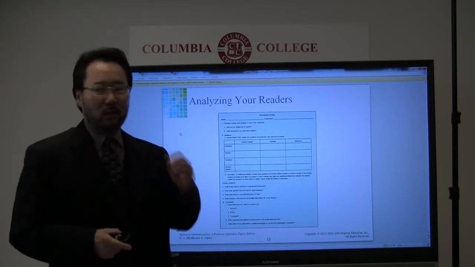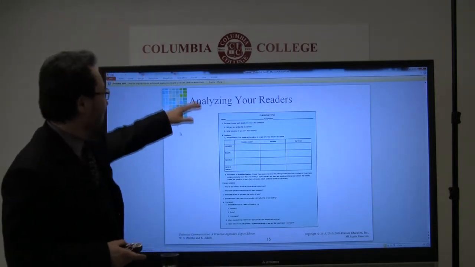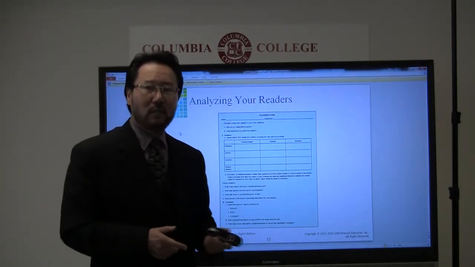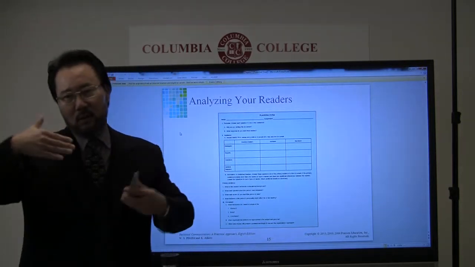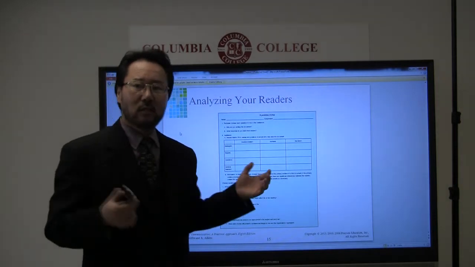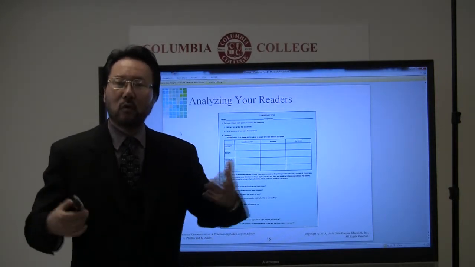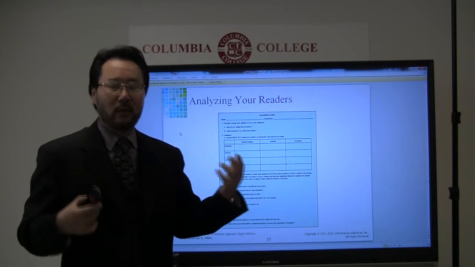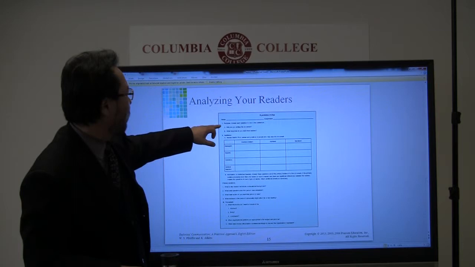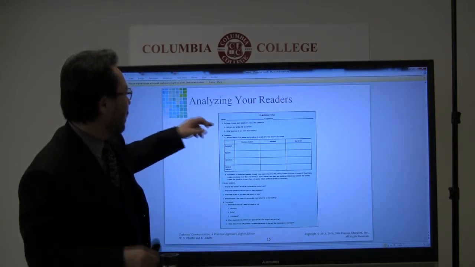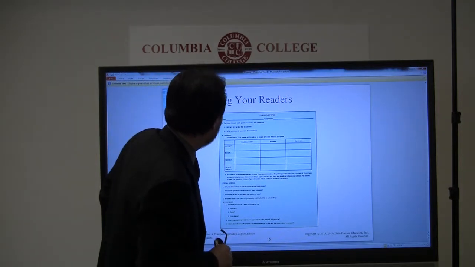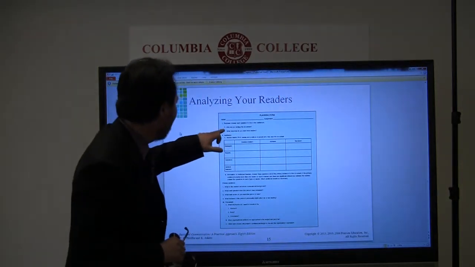Now, in your textbook, you will also find this planning form. If you cannot go through all the questions in your brain, sometimes this planning form will help you define the purpose and readers. Here, you will say the purpose and answer all these questions.